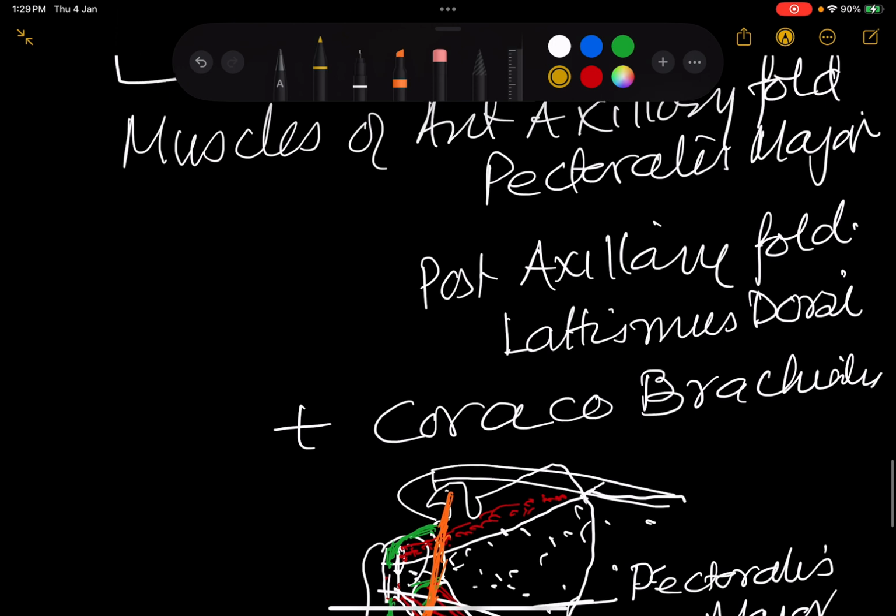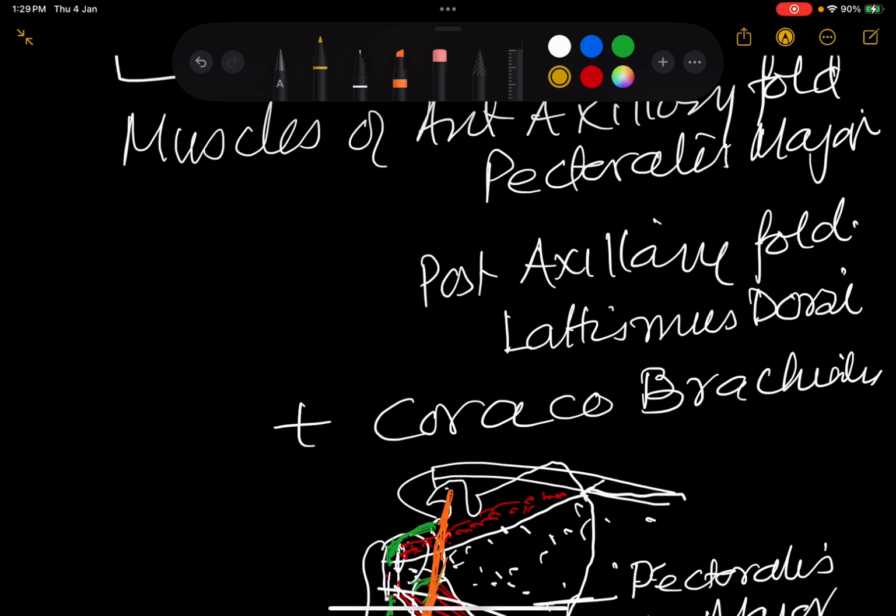The muscles of the anterior and posterior axillary fold, the pectoralis major in front and the latissimus dorsi behind, will basically adduct the humerus, but in between the coracobrachialis will also help. So these are the folds, the pectoralis major fold, the latissimus dorsi fold.